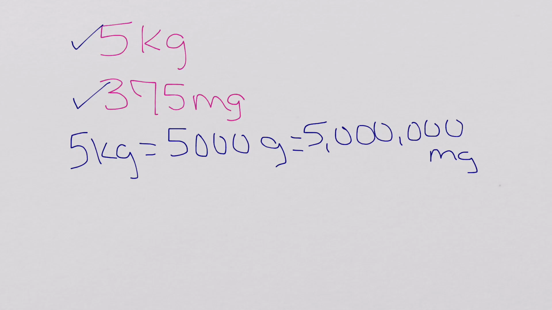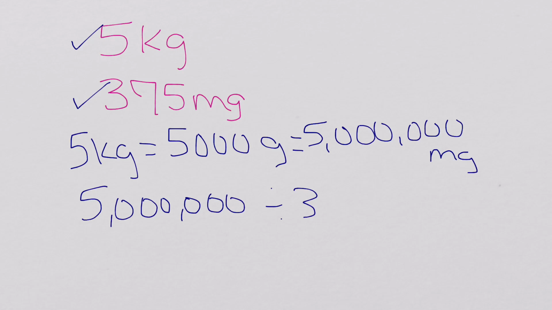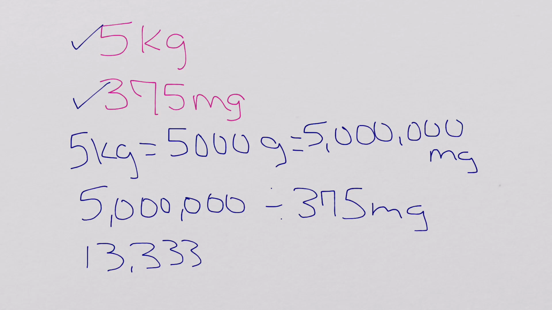Now to figure out the amount of single dose units, we would have to take our 5 million and divide it by 375 milligrams, and that would give us 13,333.33, and we would always round that down because 0.33 isn't a whole one, so when it's asking us how many single dose units, we have to give them the whole amount.